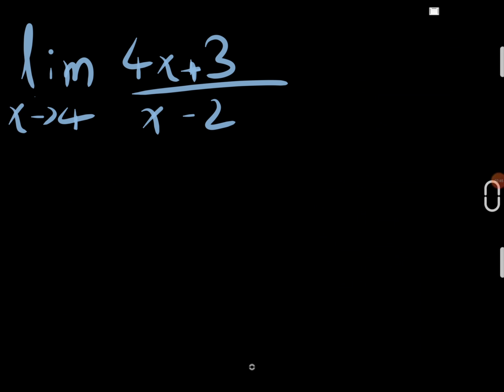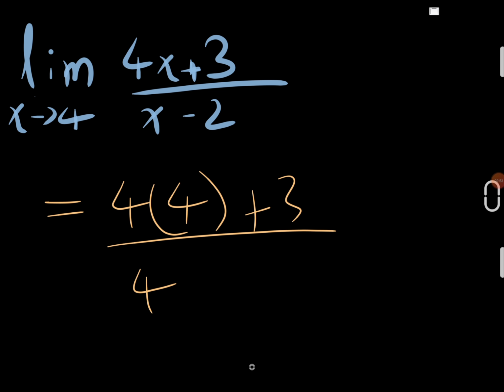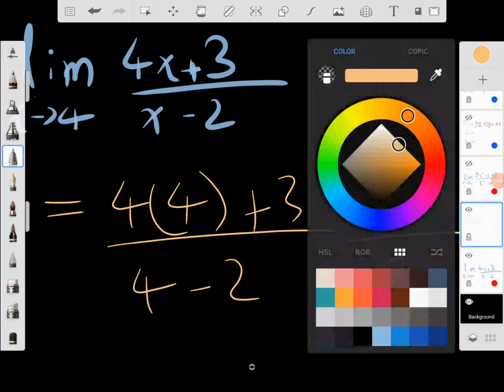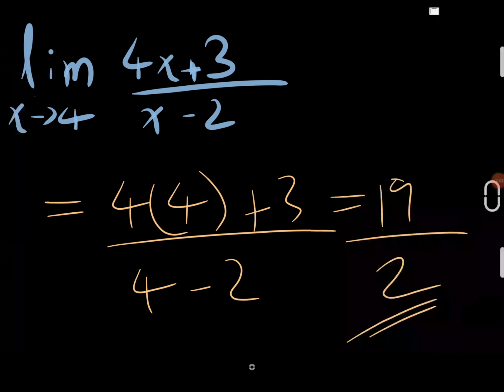So when I use the value 4, instead of x I'll put 4. So 4 into 4 plus 3, divided by 4 minus 2. That is 16 plus 3, which is 19, divided by 4 minus 2, which is 2. So the answer is 19 by 2.